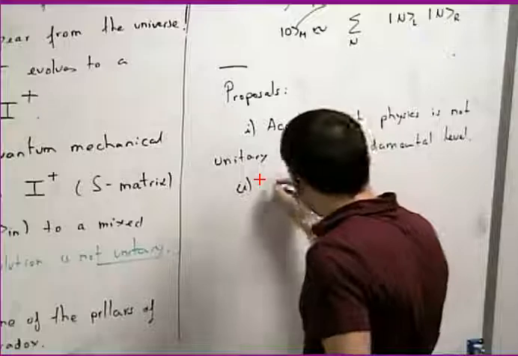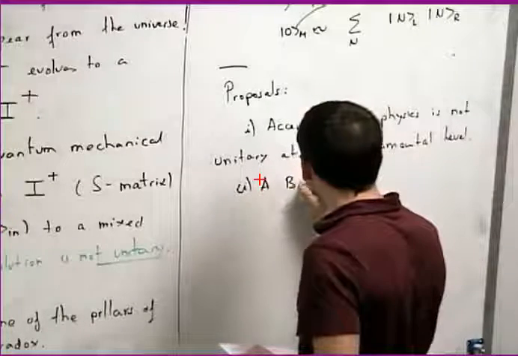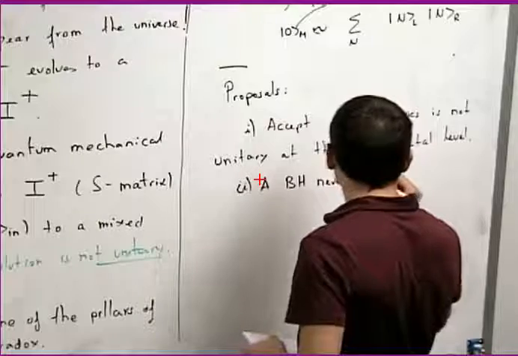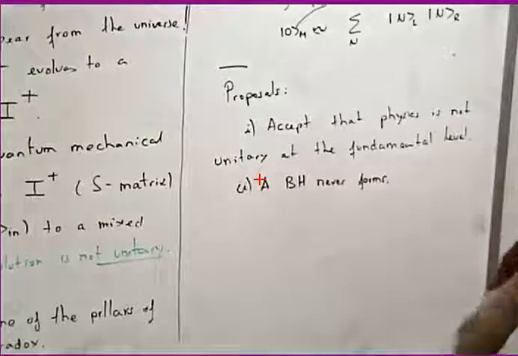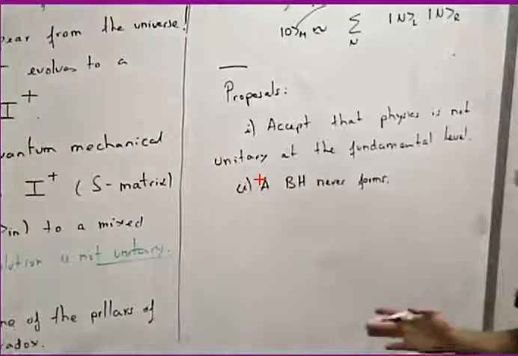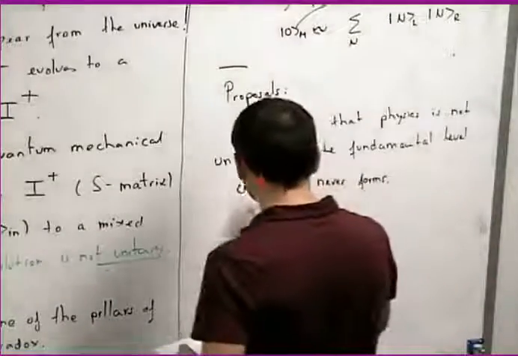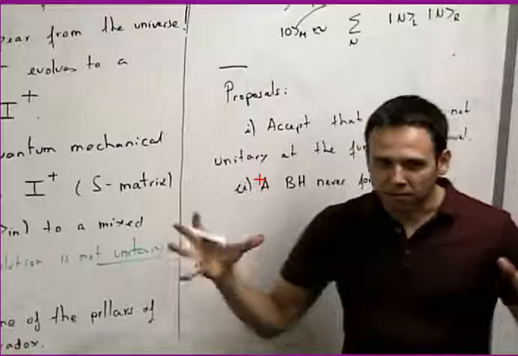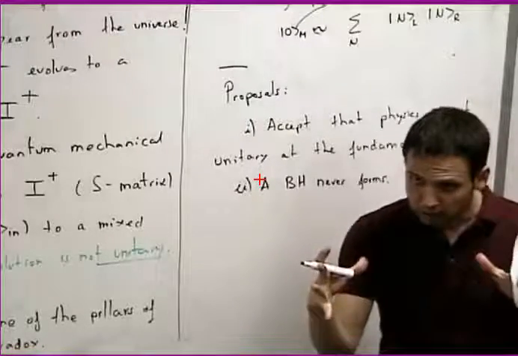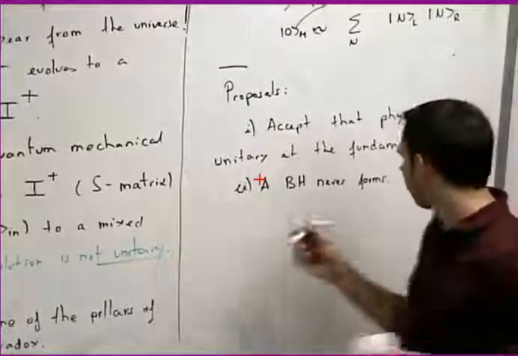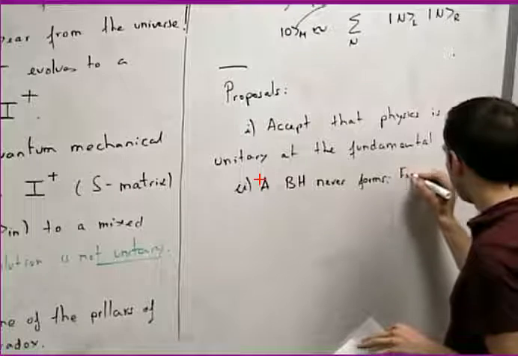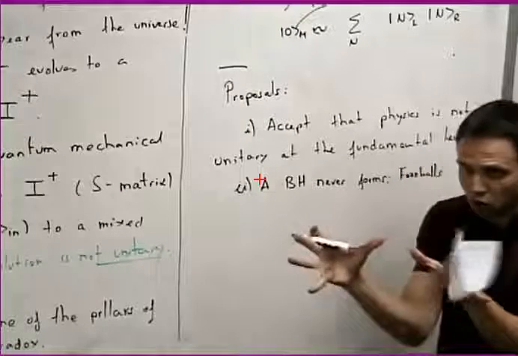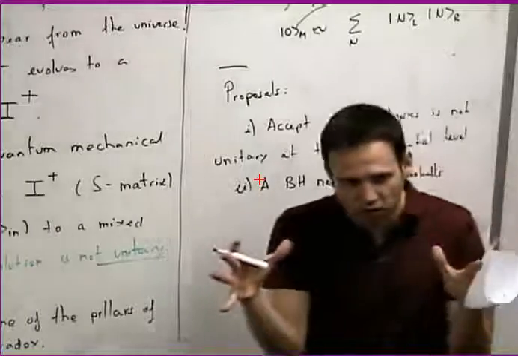There are other proposals, like a black hole never forms. It's not a joke, it's serious. When the star collapses, something happens there that stops the collapse, and you get what people call fuzzballs, which is something that is almost like a black hole but never crosses the event horizon.